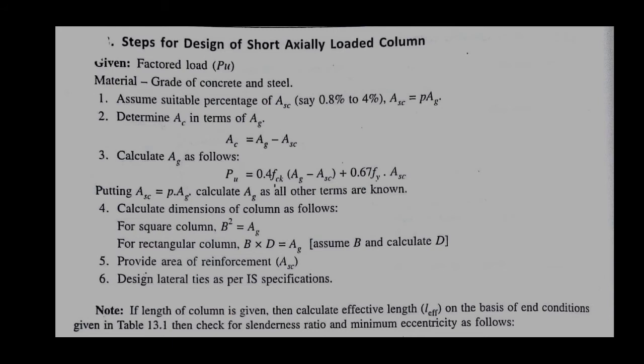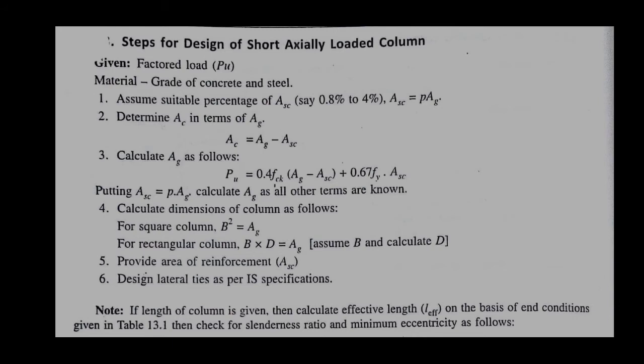It will vary between 0.8 to 4%. Most of the time, we generally take 1% for easy calculation. Okay, and Asc is definitely p into Ag, where Ag is gross area.